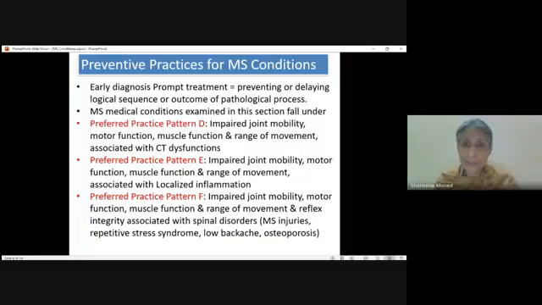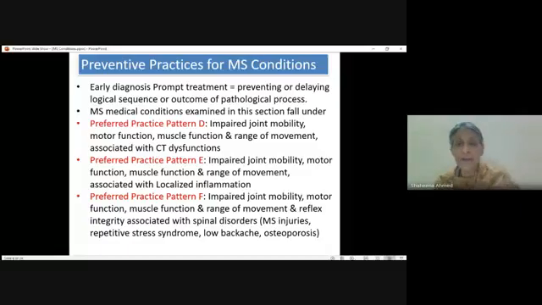These four common conditions are: impaired joint mobility, impaired motor function, impaired muscle function, and impaired range of movement. These four conditions are common to all three patterns.